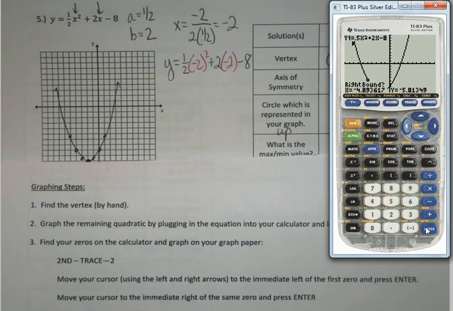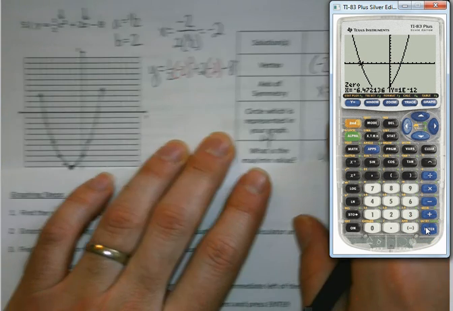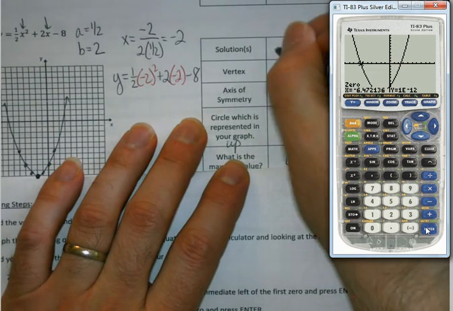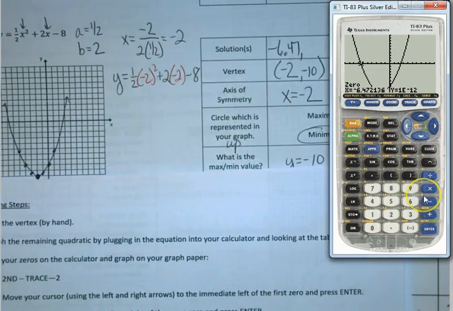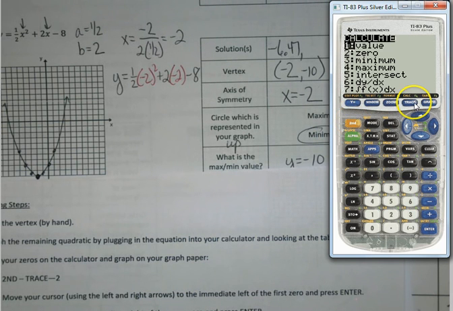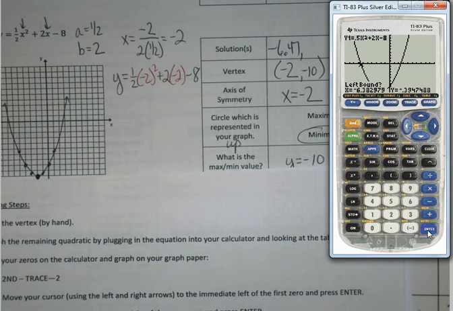And I hit enter again, not once, but twice. And whatever the x value is, that's going to be one of my answers, one of my solutions. So if I plugged in -6.47 into x in the equation, I'd get y equals 0. I know, hard to believe with a crazy number like that, but it's true. And then I got to do it one more time, but now I need this guy. So okay, I'm on my way.